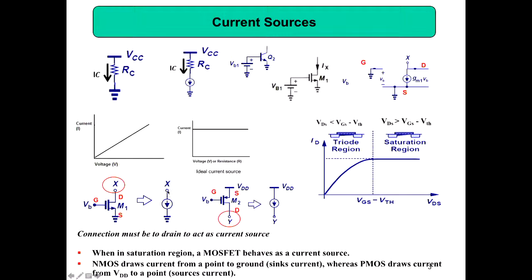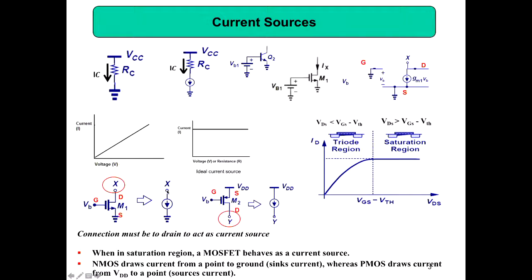Look at the arrow: it is drawing current from a point and sinking it to the ground. So it sinks current. Whereas PMOS draws current from the VDD supply to a point, so it is sourcing the current. In an ideal situation, if you touch here, what will happen? You feel lots of current coming. But if you touch here, what will happen?